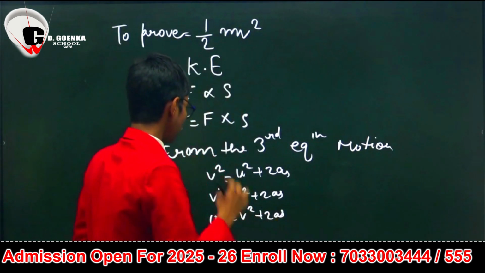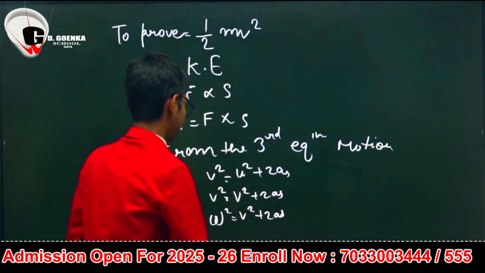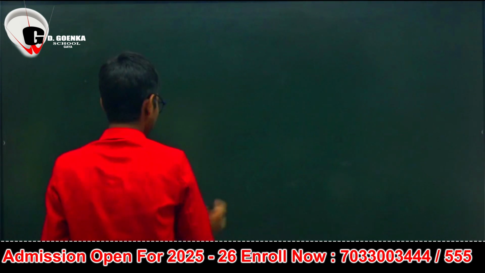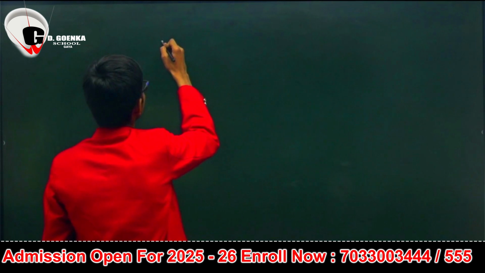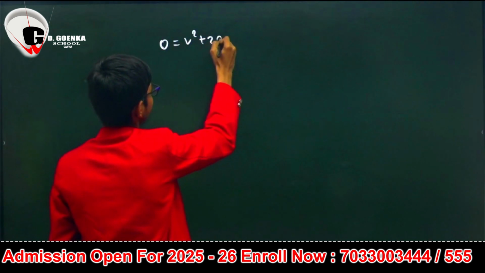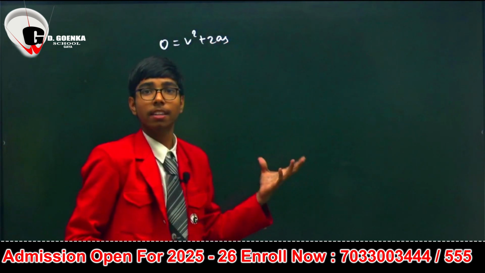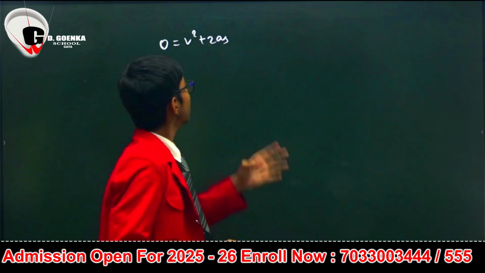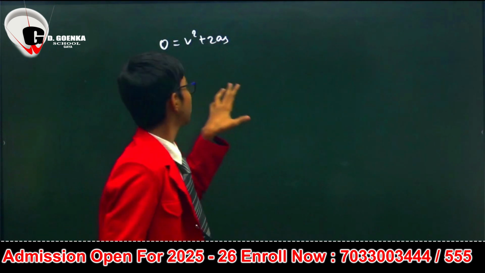So at last we came to 0 is equal to v square plus 2as, and we know that the acceleration is not there, retardation is there, so it will not be positive, it will be negative.